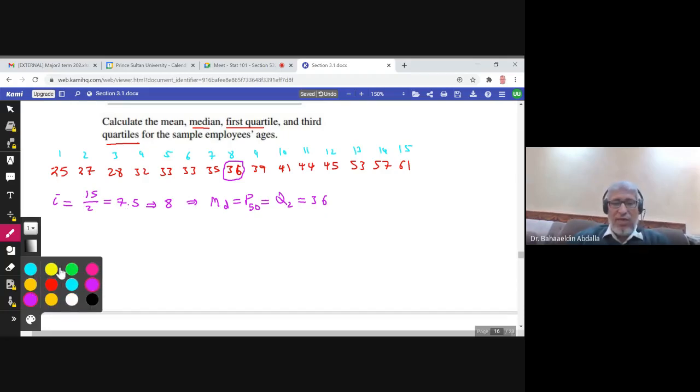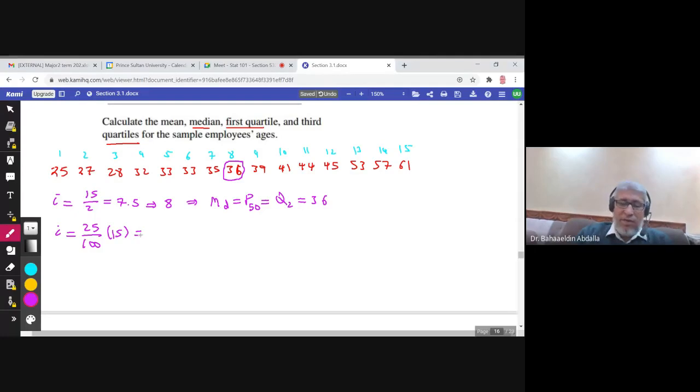So after the median, I need to find the first quartile. The first quartile is Q1, which is P25, the 25th percentile. So to find Q1, I need to find the index. The index is 25 divided by 100 times 15.